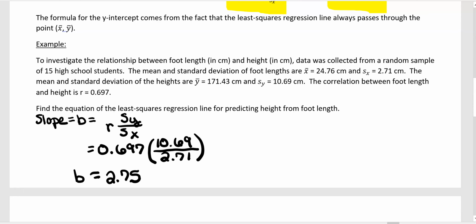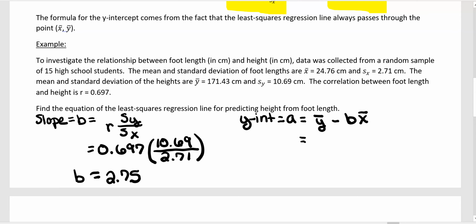All right, then we need to do the same thing for the y-intercept. So for our y-intercept, it's a, and that formula is y bar minus b times x bar. So that does mean you are going to have to find your slope first before you find your y-intercept, just as a thing to keep in your head as you're working through this.